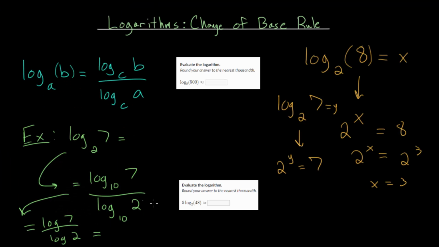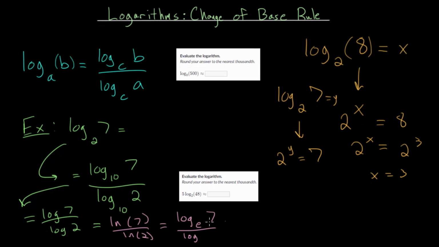We could also use a different base, like I mentioned. We could use the natural log. With the natural log, you write ln of 7 divided by ln of 2, where ln is really just log base e of 7 divided by log base e of 2.